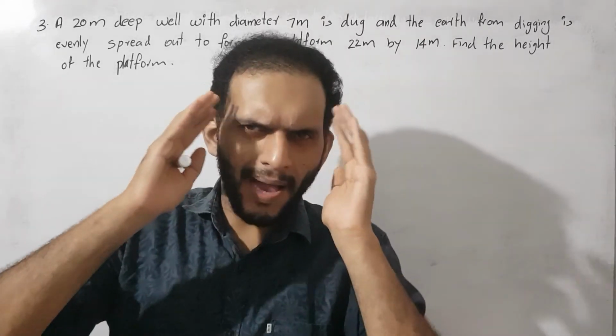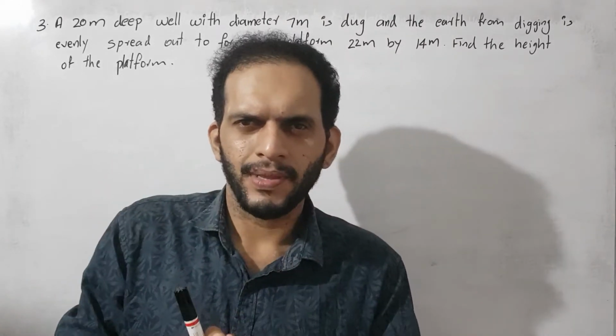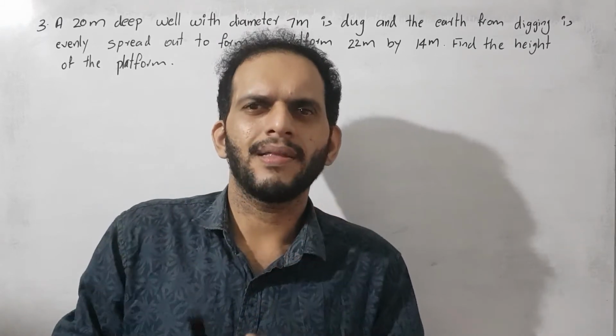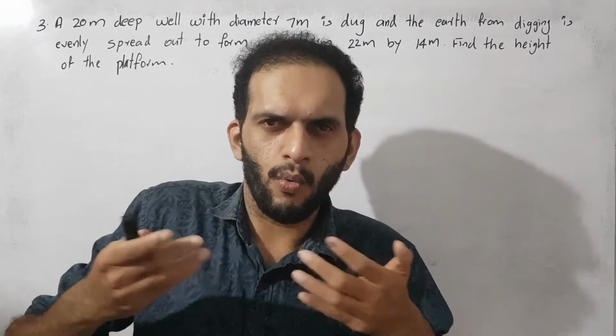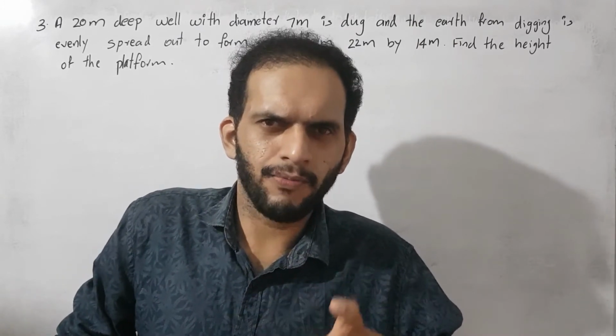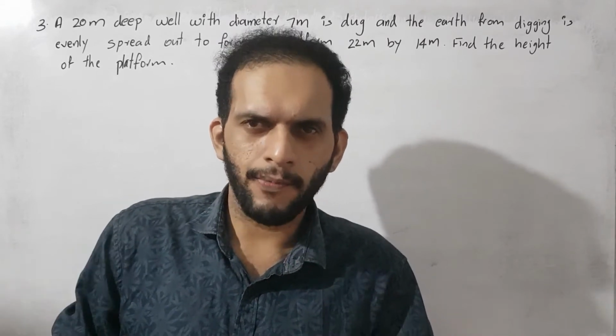Yes, you just imagine the shape of the well, then you will understand. The well is in the shape of a cylinder. When we dig the well, we get the earth from there, and we use that earth to form a platform.